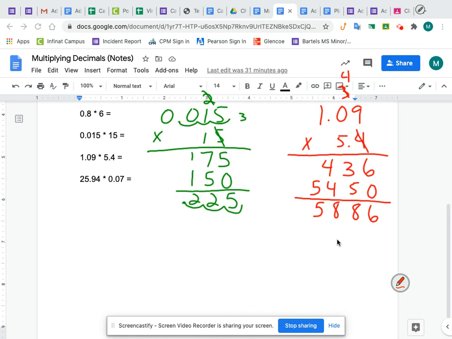So then I come up here, 1, 2. Now I actually have to remember this one down here, which is so 2 and 1 is 3. 1, 2, 3, 5, and 886 thousandths.